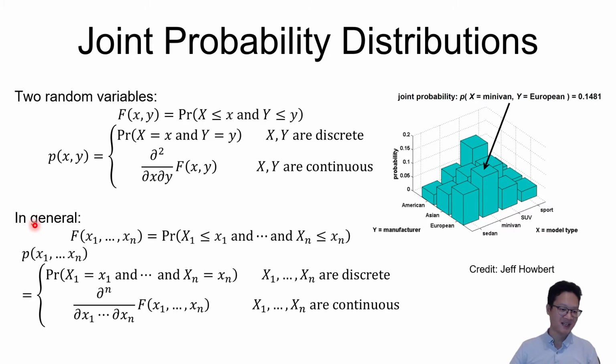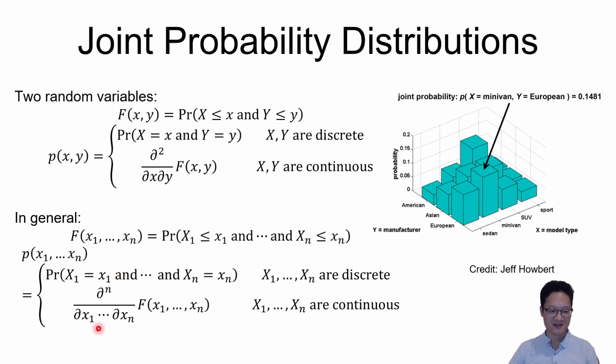To generalize to any number of variables, we simply keep on adding them, so the CDF is the probability that X_i is less than or equal to little x_i for all i. So it should be pretty straightforward. For the PMF, it's the same thing. The PMF represents the probability of the collection of X_i's equal to little x_i's. So it's basically talking about a combination of the values of each of the random variables.